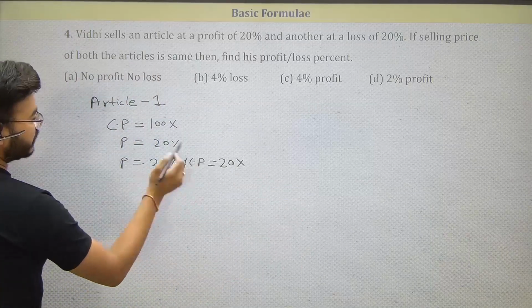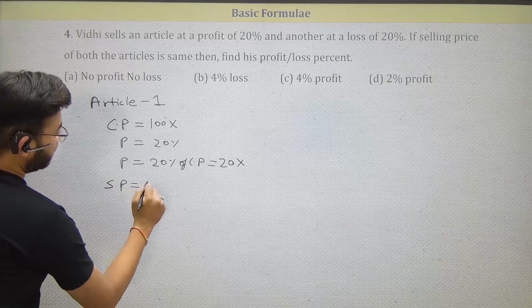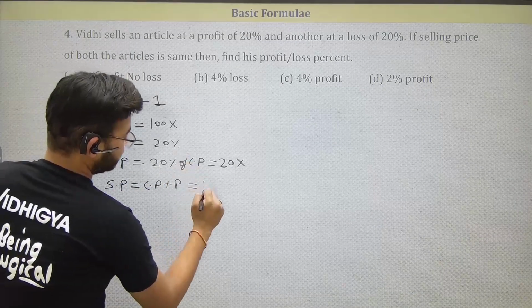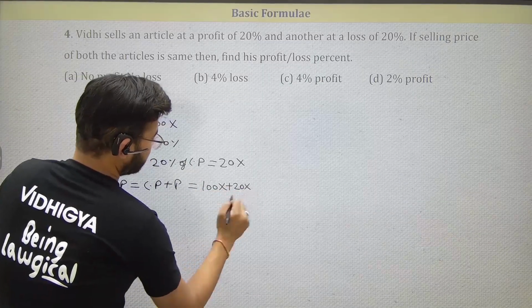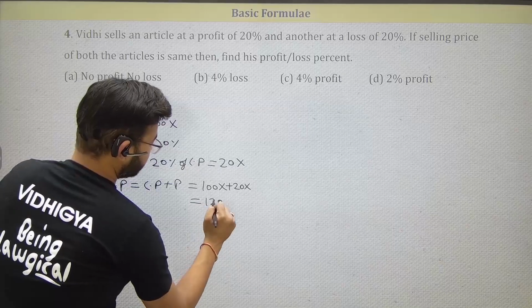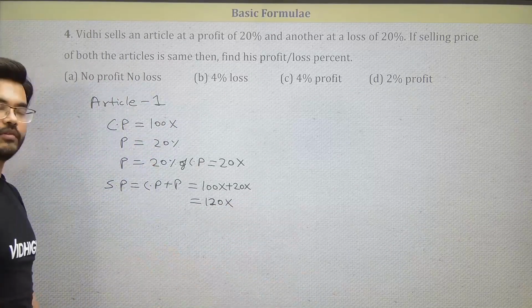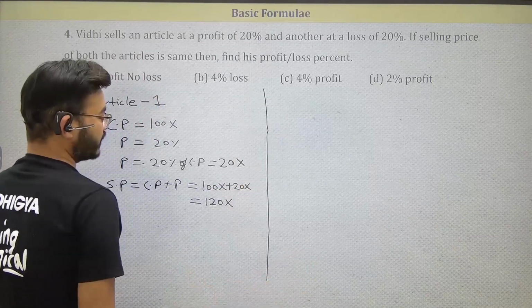So profit is 20x, cost price is 100x. That means selling price will be cost price plus profit. That will be equal to 100x plus 20x. So this becomes 120x. Okay. So this will be your selling price for article 1.